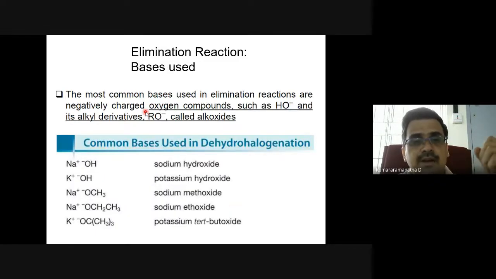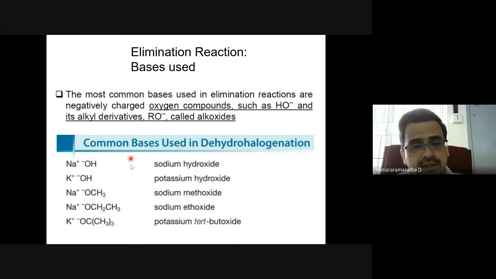In elimination reactions, especially because you want to remove one halogen and one hydrogen, or in general two components, they should be removed in order to get a double bond. What you do is, generally, bases or alkalis are employed, which are negatively charged, like hydroxide species or alkoxides.